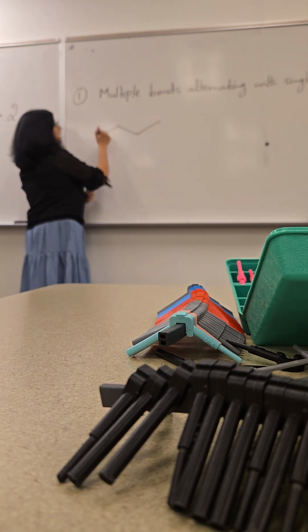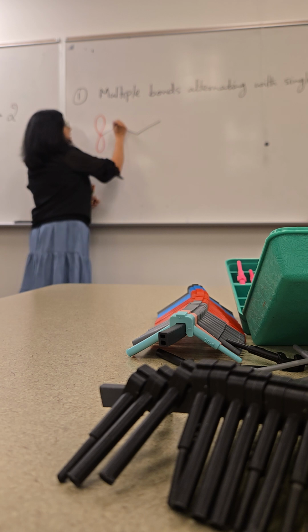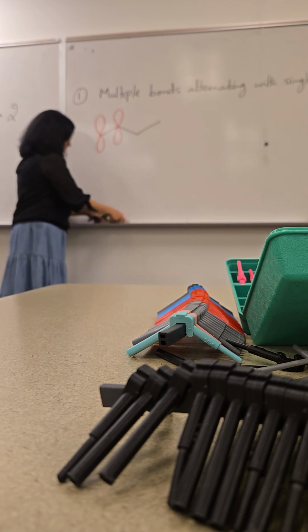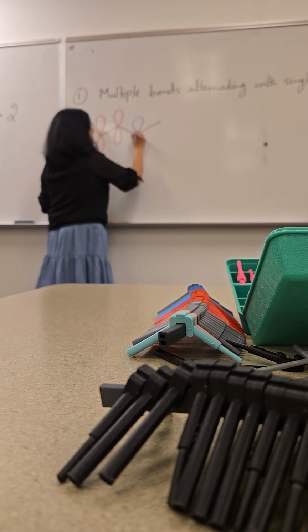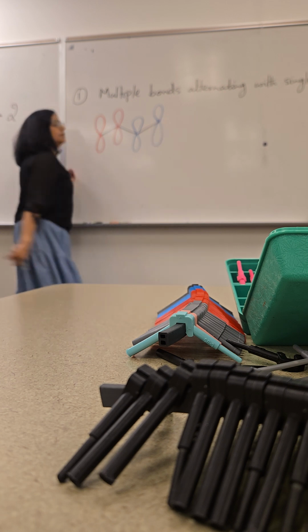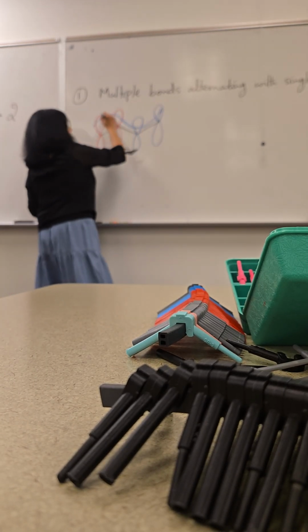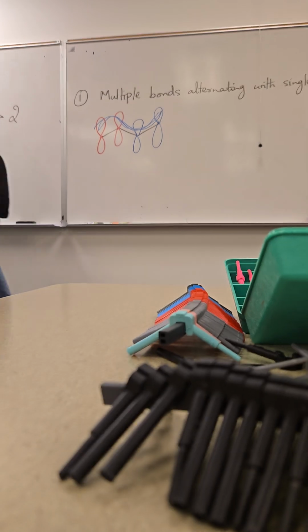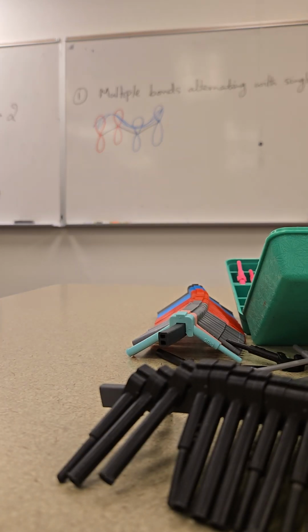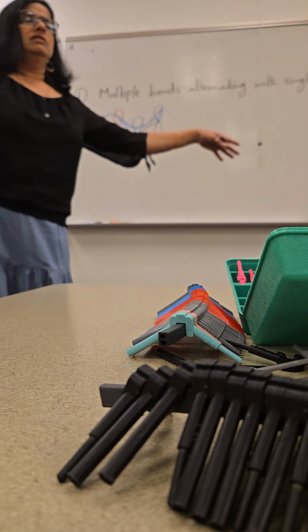So who's to say where the pi bond is? Is it between these two p orbitals, or between these two p orbitals? Where is your pi bond? All of them. That's resonance. It's not here or there, it's here and there continuously.